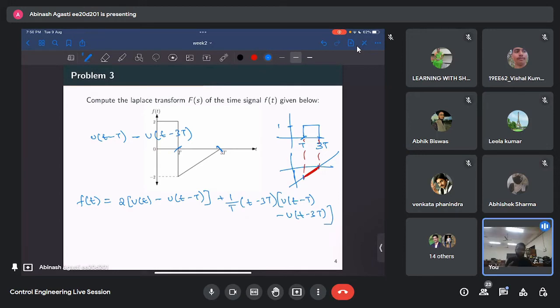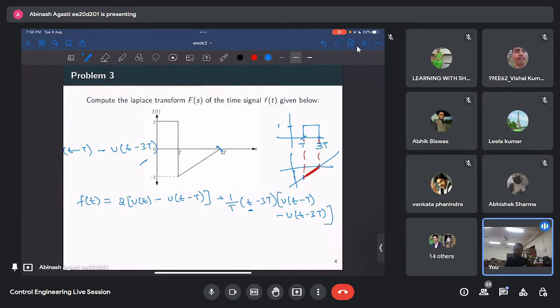Okay, so we can represent the given f of t as this, as what I have written on the right hand side. This way the right hand side is composed of step functions and a linear function, that's all.